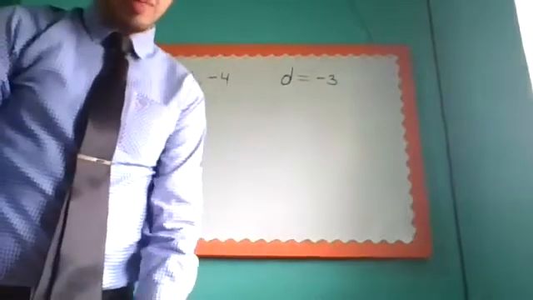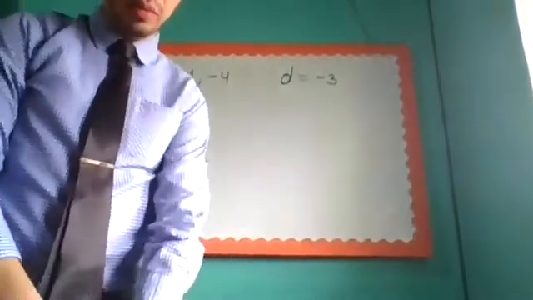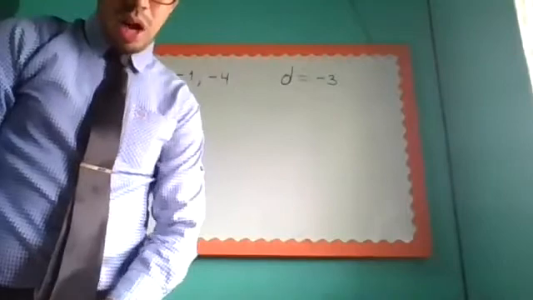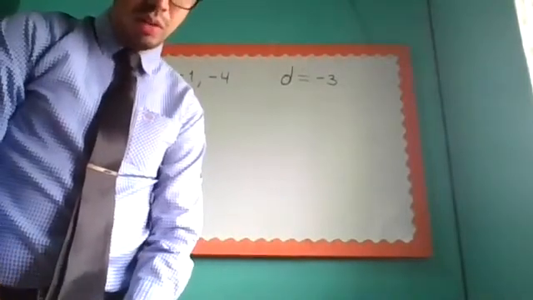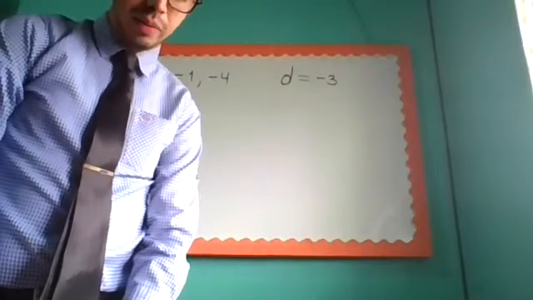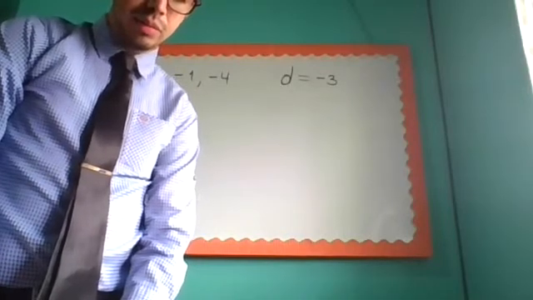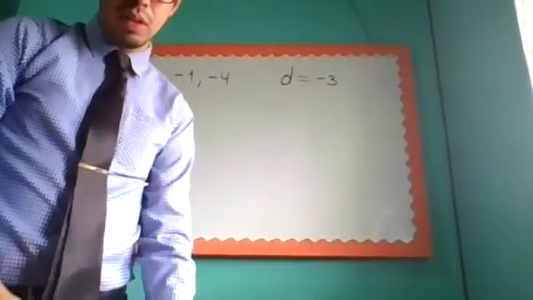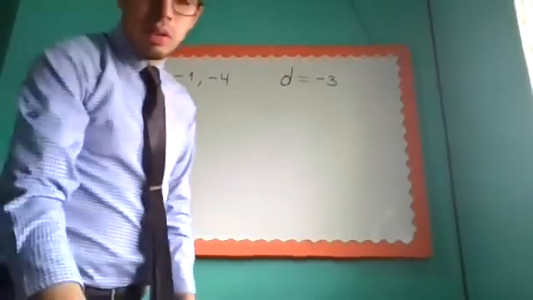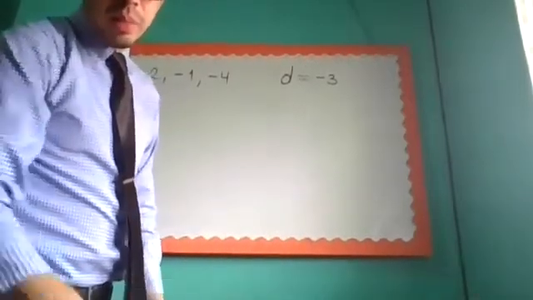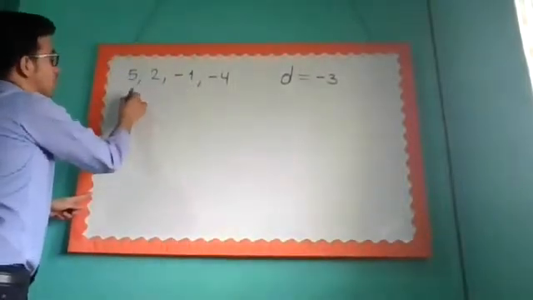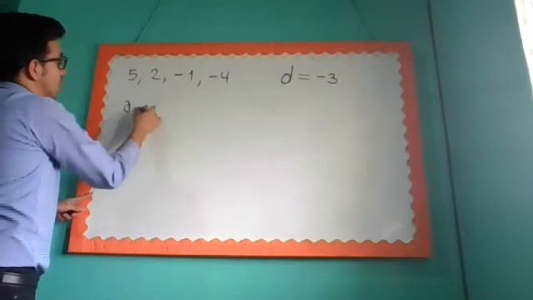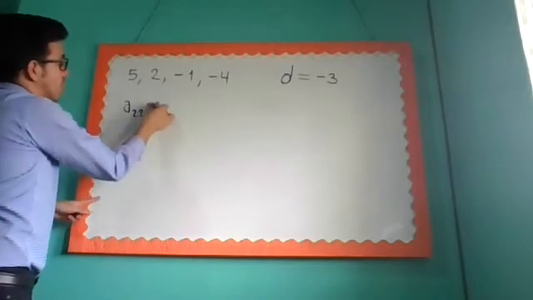For the second step, now I need to use the formula. You have the formula in page 206. We copied this formula yesterday. Write the rule to find the nth term, and we are going to replace this. We need to find a sub 22, the 22nd term.